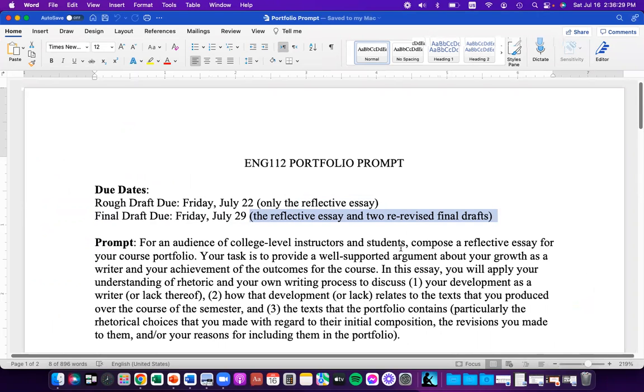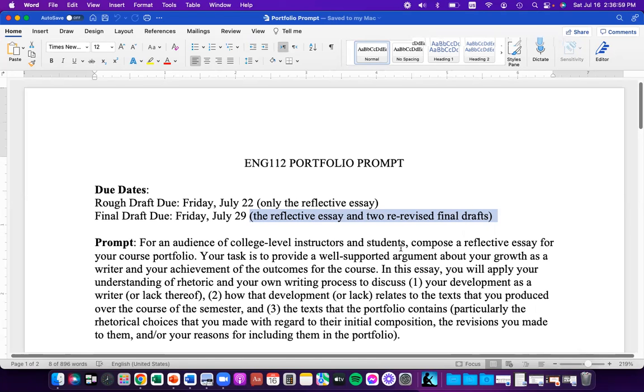You will need to write a brand new essay, and then you're going to take 2 of the 3 drafts that you've worked on between the rhetorical analysis, the causal argument, and the proposal argument. You will take 2 of those 3 drafts and revise them again based on the feedback that I give you on your final drafts.